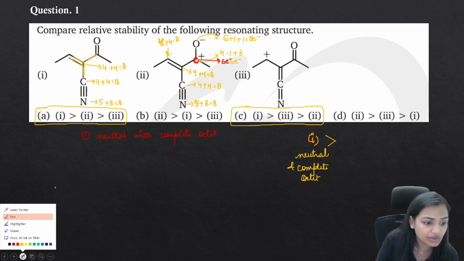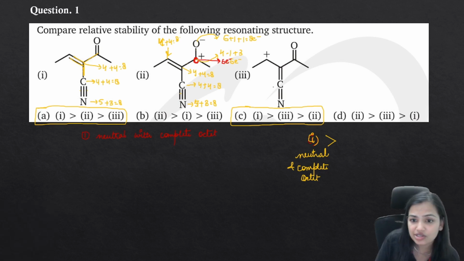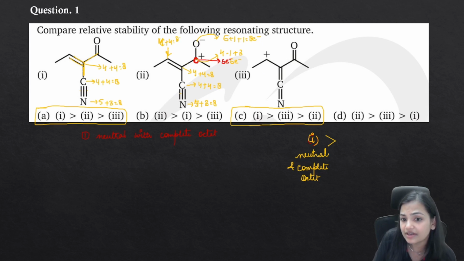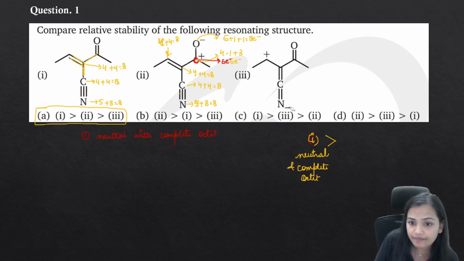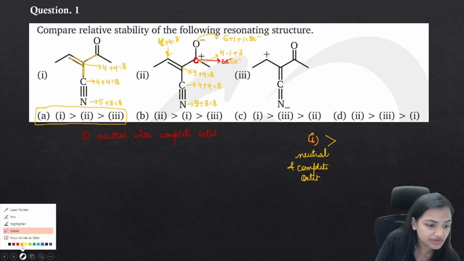Now let's have a look at this particular question. If you see option number 3, you will find that over the nitrogen we have a negative charge. Let me rub this part so that you can see the negative charge.